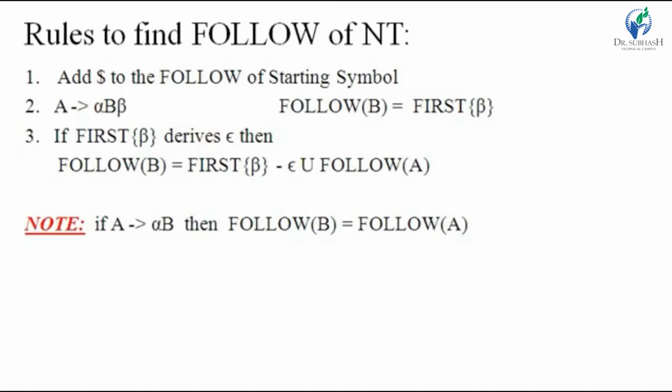Next, if A gives alpha B beta, then follow of B is equal to first of beta. If first of beta derives epsilon, then follow of B is equal to first of beta minus epsilon union follow of A. If your grammar is of the form A gives alpha B, then follow of B is equal to follow of A. Note that there is no epsilon symbol in follow.